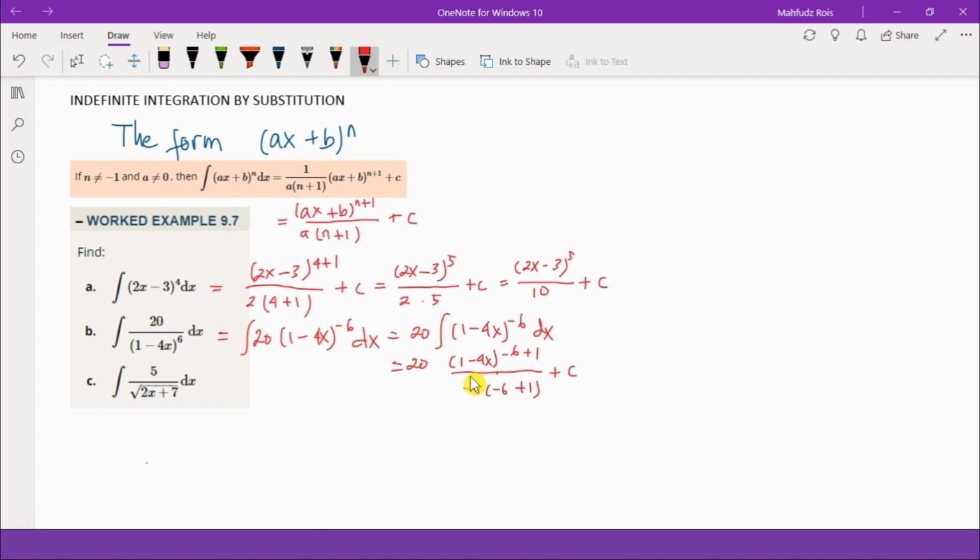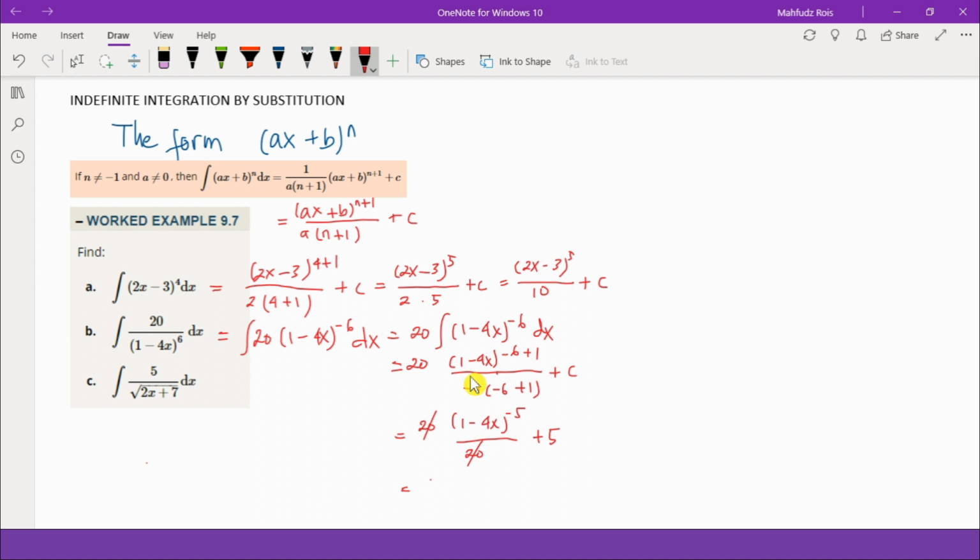Alright, so if we calculate, this one is 20 times 1 over minus 4 times (minus 6 plus 1 is minus 5), so minus 4 times minus 5 will be 20. Now we have 20 here, so we can simply cancel it.